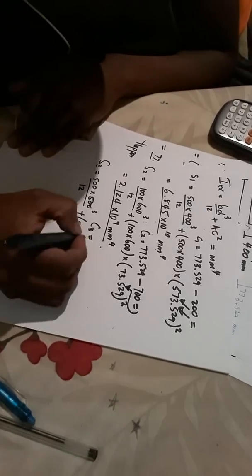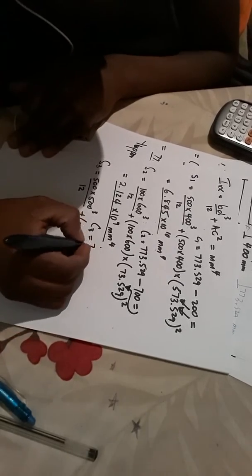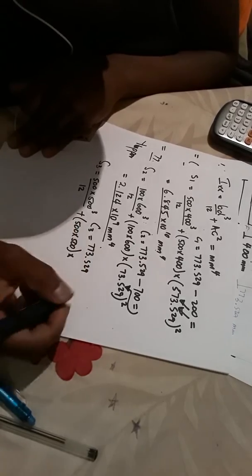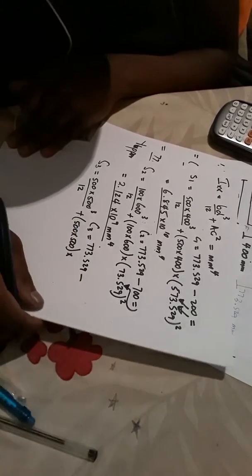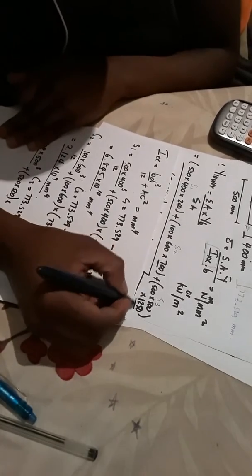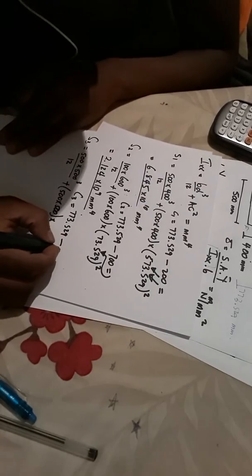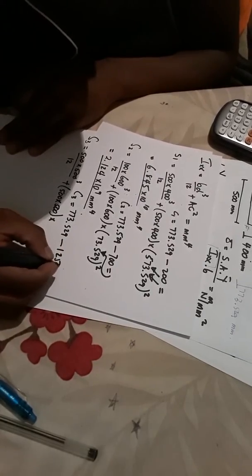So C3 again, it's y lower minus y up. So y lower is 773.529 minus y bar of shape 3. We got it to be 1,250.